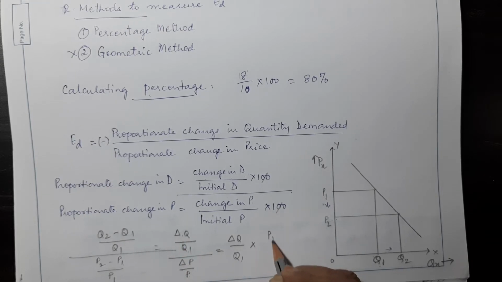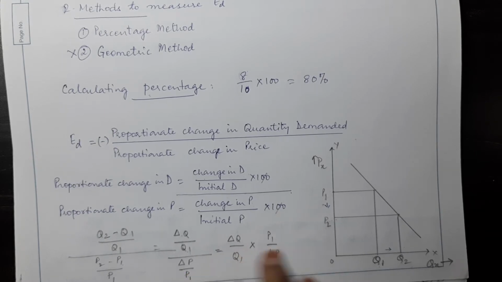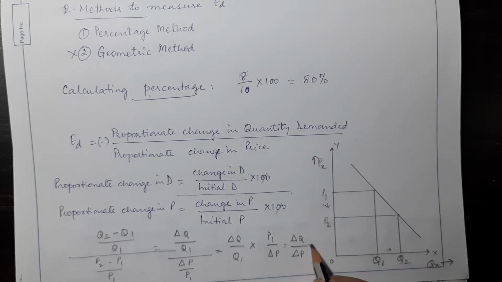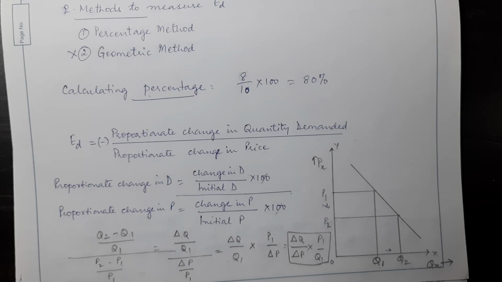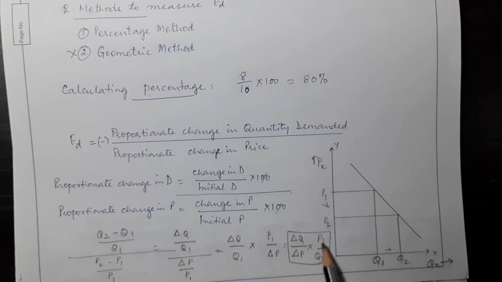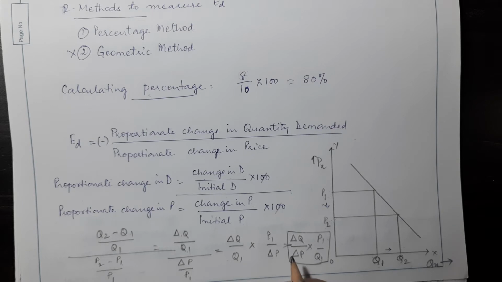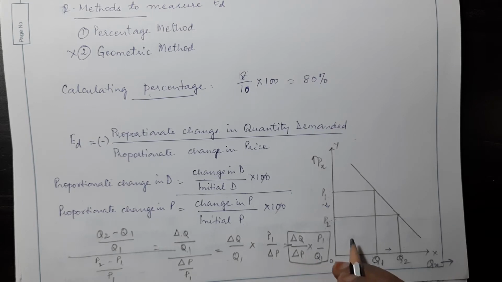So this becomes P1 by delta P. So you rearrange again and then you get delta Q by delta P into P1 by Q1. So this is our elasticity of demand. So ED is equal to delta Q by delta P into P1 by Q1 with a negative sign, because the negative sign tells us the inverse relationship between quantity and price.